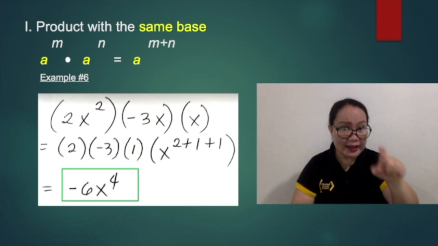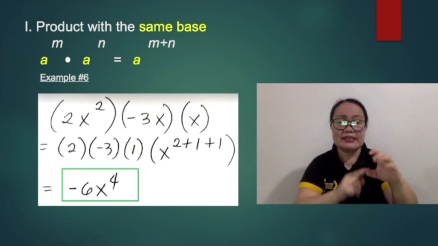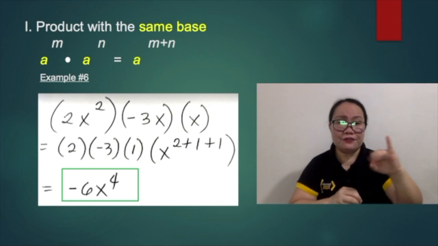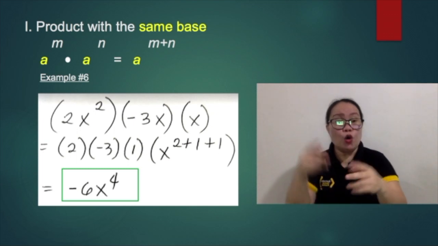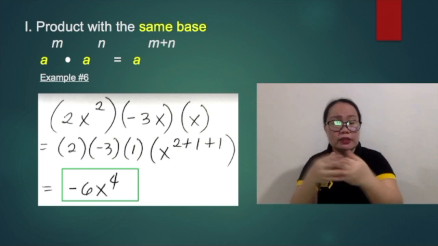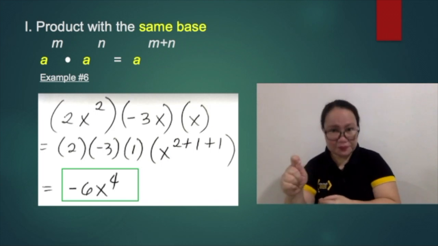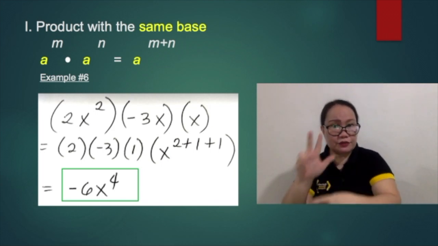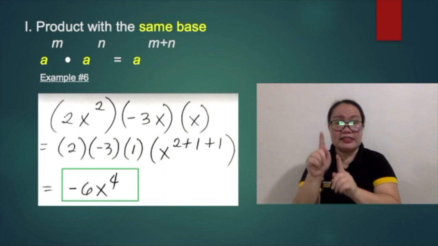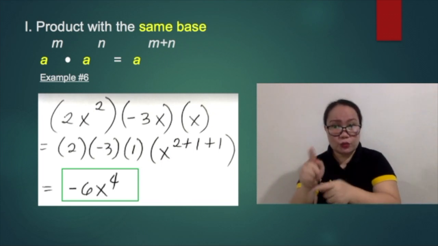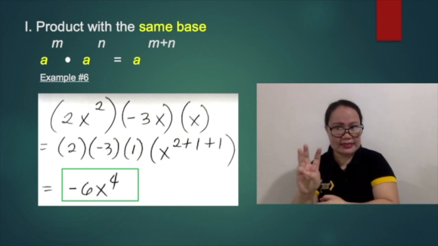So that is why x has 1 as a numerical coefficient. So multiply first all the numerical coefficient. 2 times negative 3 times 1. So that is equal to negative 6.